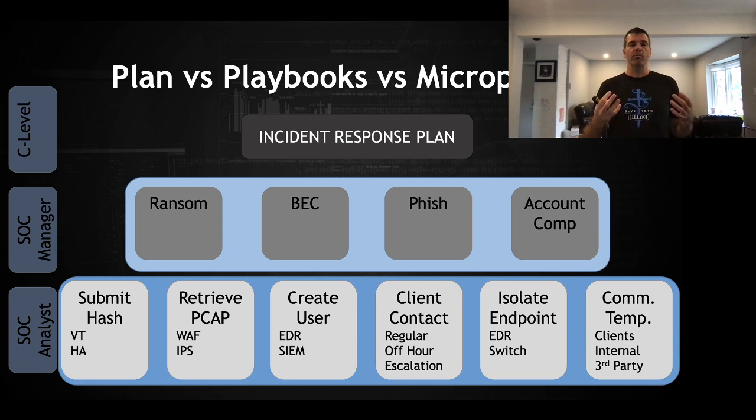Usually when you think about an incident response plan, this is in CISSP terms what you could also reference as a policy, whereas sometimes the SOC manager and the more advanced analyst will be more interested in the process. So the process would be, how do you deal at a high level with ransomware, with business email compromise, with a phish, with account compromise, and all of those generic subjects.